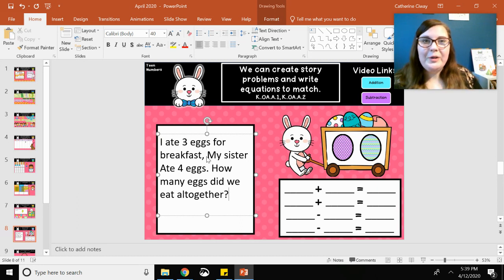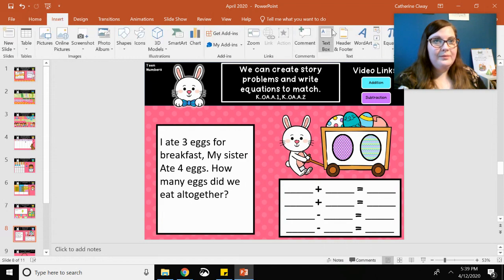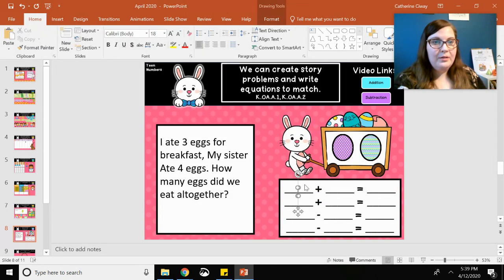When we're working on word problems, the first question is, what are the 2 numbers that we see? The first number that I saw is 3. So the first thing I want to do is I want to write the number 3. Very small 3, my goodness.